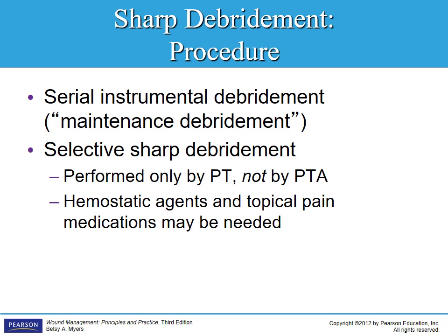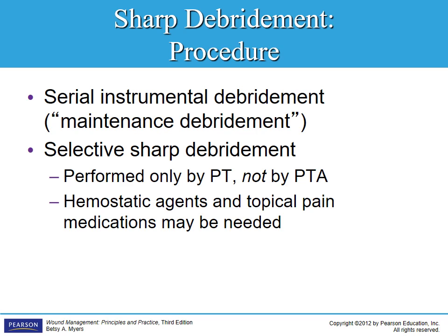Selective sharp debridement should be performed only by a PT, not by a PTA, and you're going to want to get your hemostatic agents and your topical pain medications handy. In other words, if I happen to hit something and it bleeds quite a bit, I'm going to need something there to stop that bleeding. Styptic, the guys may know when I say a styptic pencil.